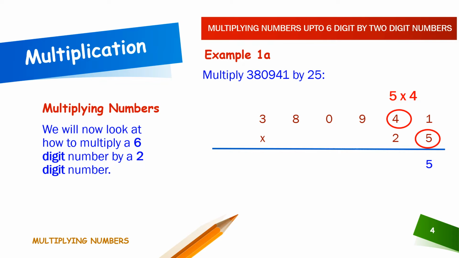5 times 4 is 20. Position the 0 in the same column as the 4 and carry the 2 over to the next column along. 5 times 9 is 45. Remember to add the 2 to give 47.